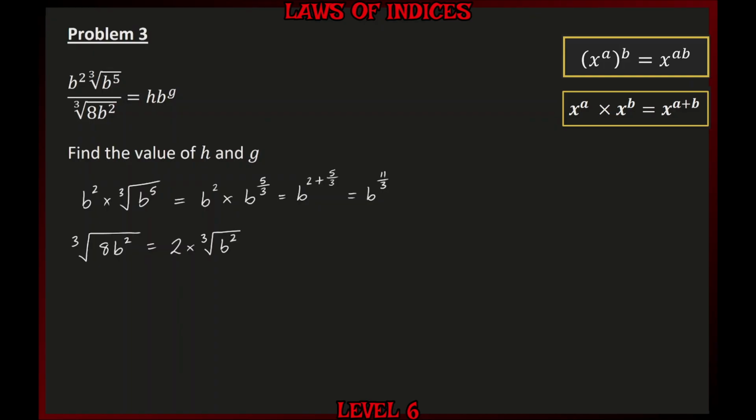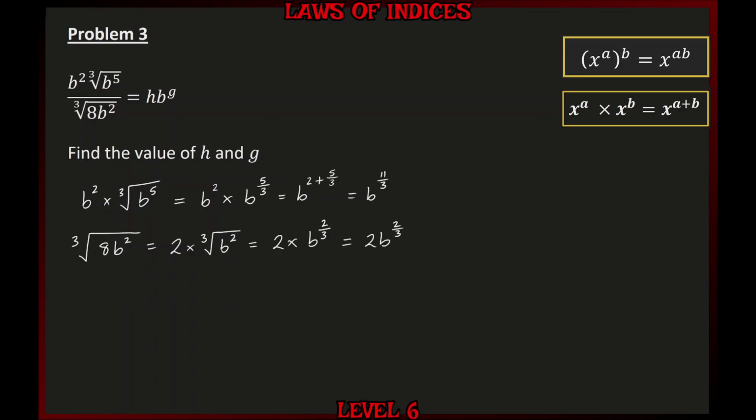Now again, the cube root of b squared is b written with a power and a root on it. So we can use our fractional power law to rewrite this as 2 times b to the power of 2 over 3, which is just the same as writing 2b to the power of 2/3. And that's our denominator simplified.